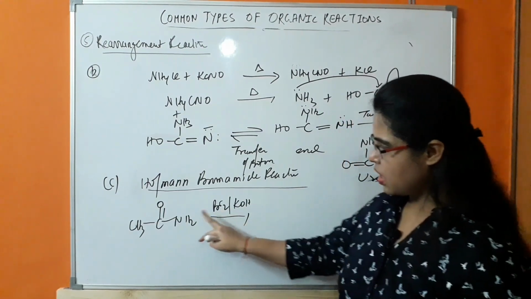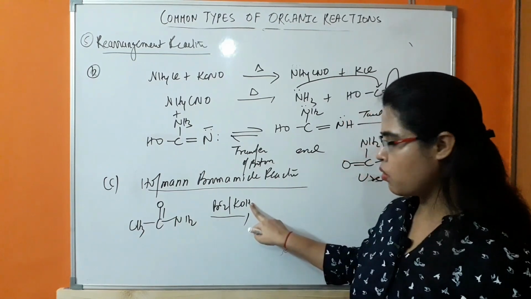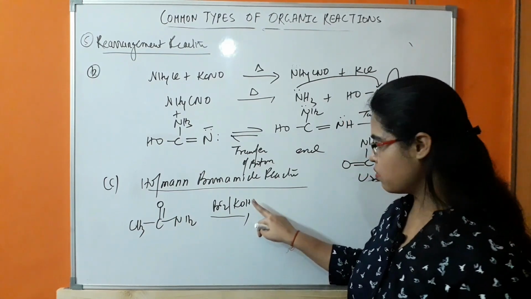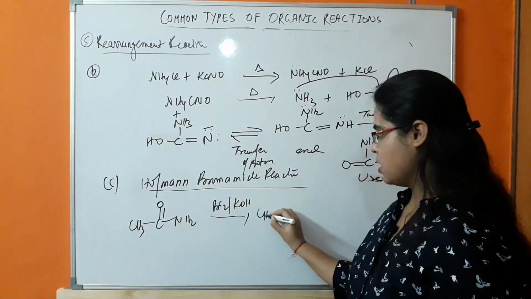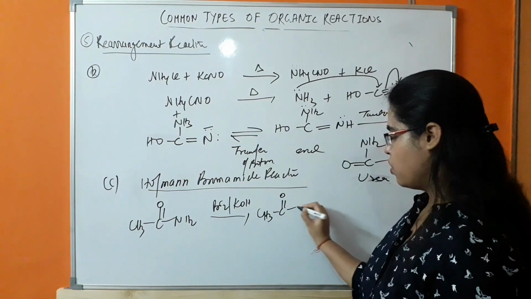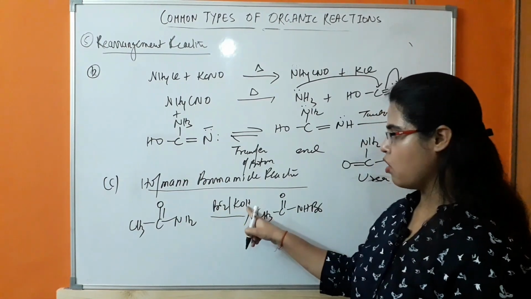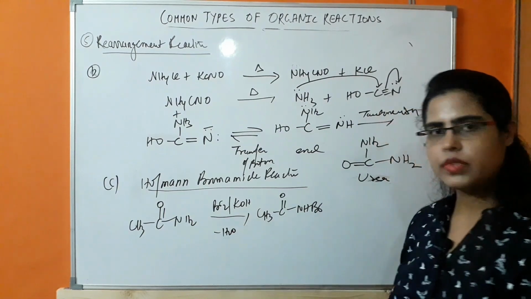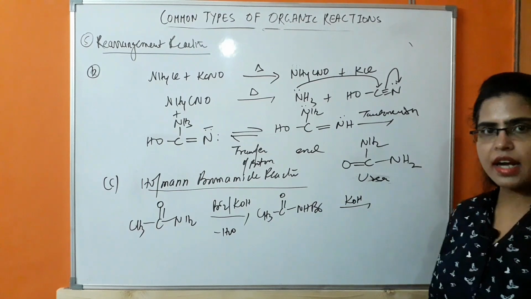Okay, so first Br will attack on this side, this hydrogen. Okay, and KOH has OH minus, so this will abstract this H plus. So what will be happening? CH3 C double bond O NHBr, one hydrogen is removed to form H2O. Next step, further KOH will react.